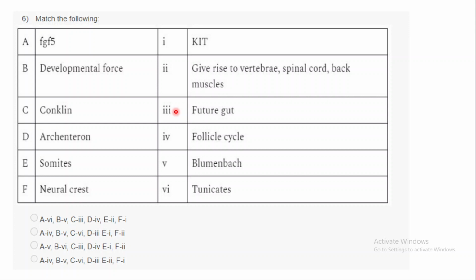Students can take some time and think about which is the correct option. In fact, you can just try putting these options into the match of the following and see which is the correct answer. That way your approach to this question will be faster.